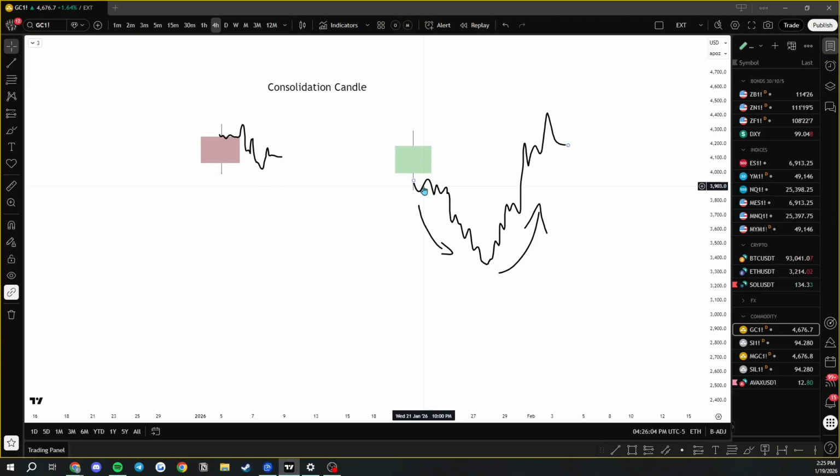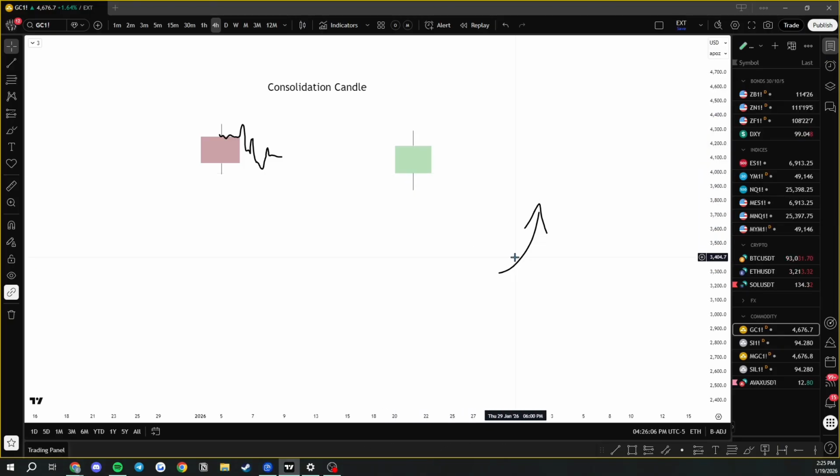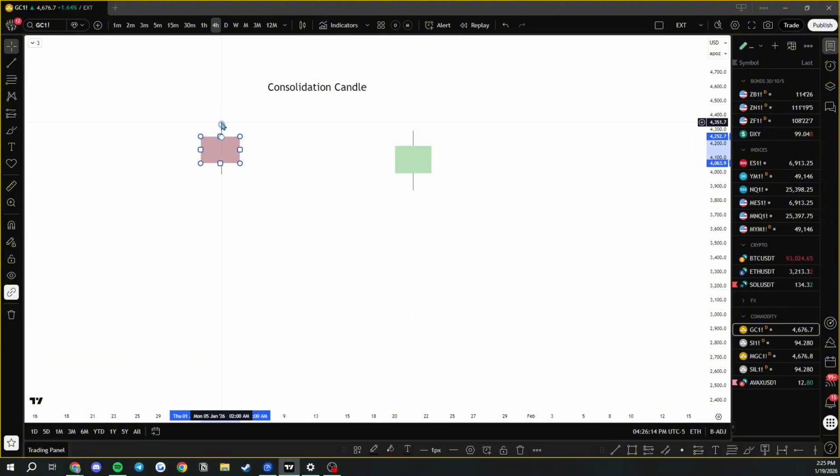Here's a bullish consolidation candle. The if-then is: if the candle has a weak body and weak wicks relatively, then it's a consolidation candle. With these candlestick formations, this is one of the only things I teach where there is an element of subjectivity, because maybe this is weak to me, but maybe it's not weak to you.